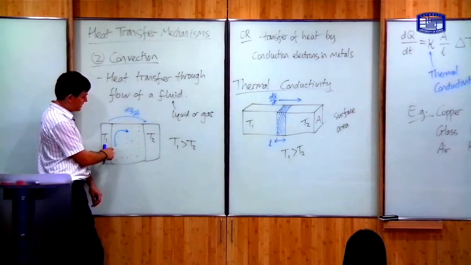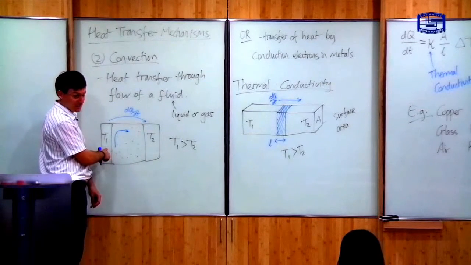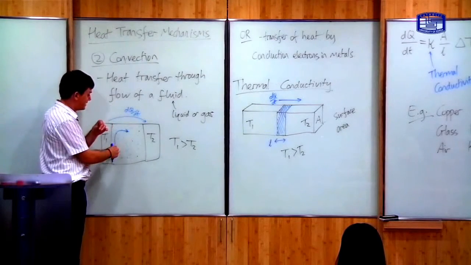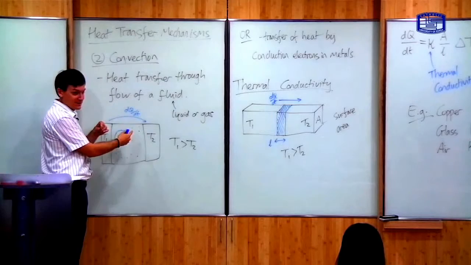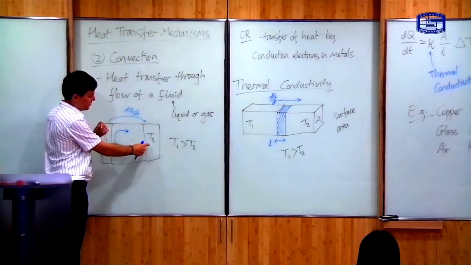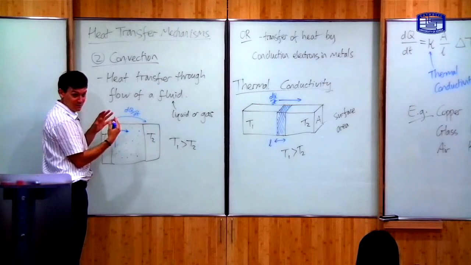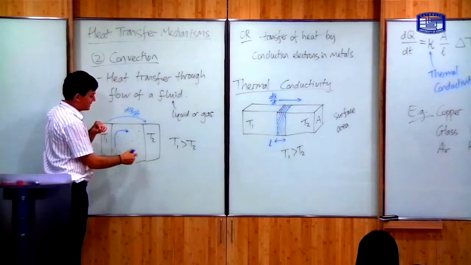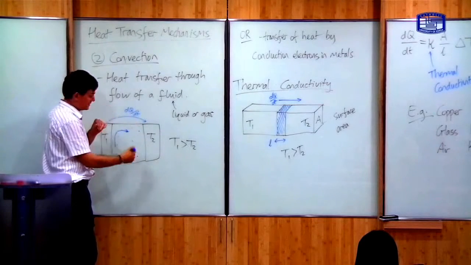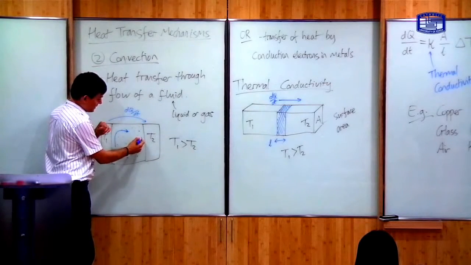So as the particles here conduct heat from the high temperature reservoir, the gas will expand. The density will drop, and therefore they will rise up. Over here, when they're in contact with the low temperature reservoir, they will get colder. Heat will be conducted out of the gas. As they get colder, the gas contracts, its density goes up, and therefore it falls.